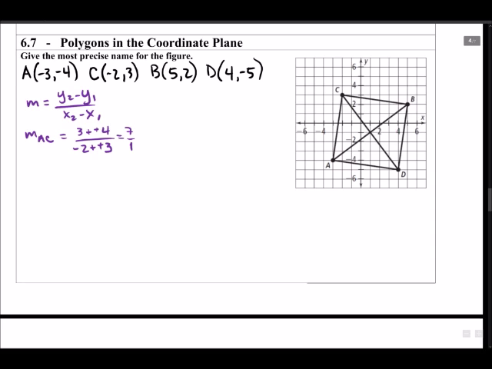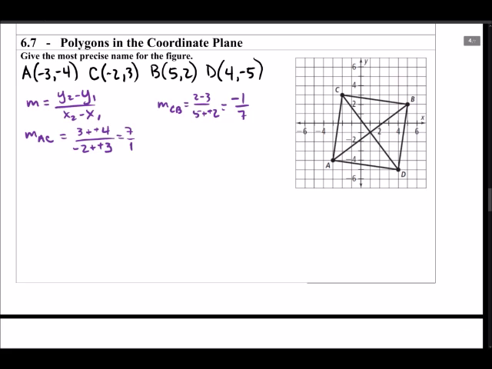All right, who's next? Slope of CB. Let's just do CB. That's 2 minus 3 over 5 minus a negative 2. 2 minus 3 is negative 1. 5 plus 2 is 7.